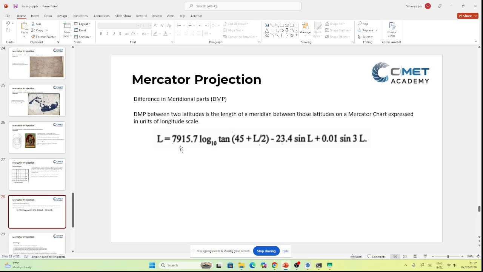A decimal point error will be there, because I have done that one, so I know there is a small error. Also there are different versions of Norie's nautical tables. Maybe you will find in certain tables the meridional parts are different from the other table, with a slight difference in one or two decimals.